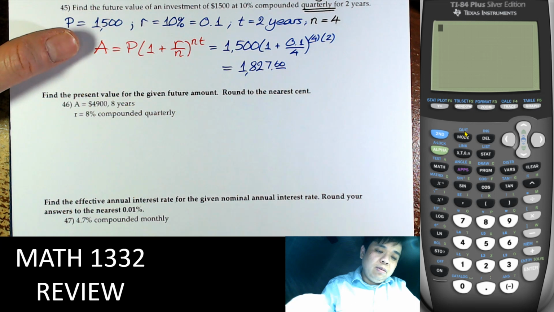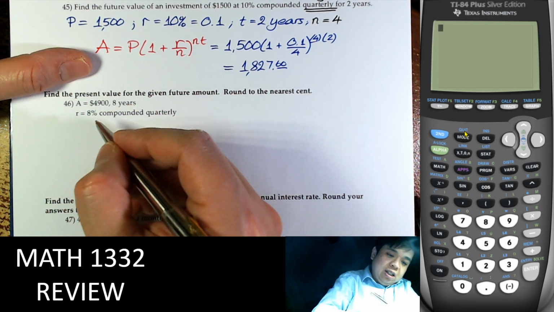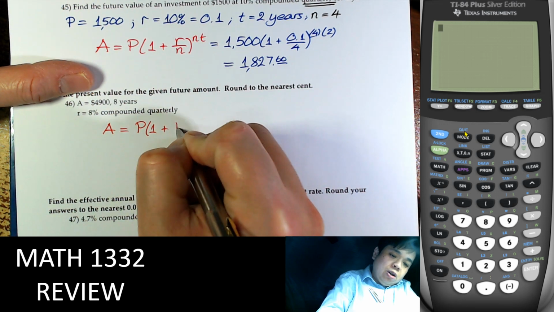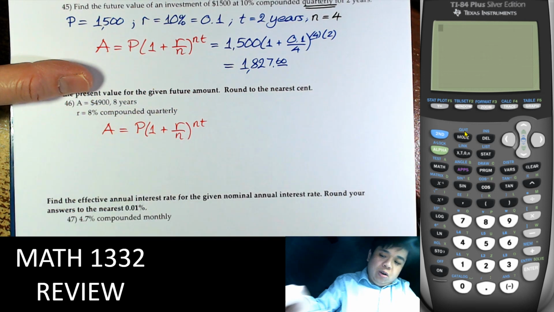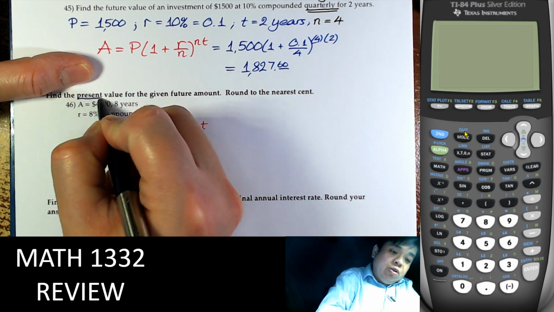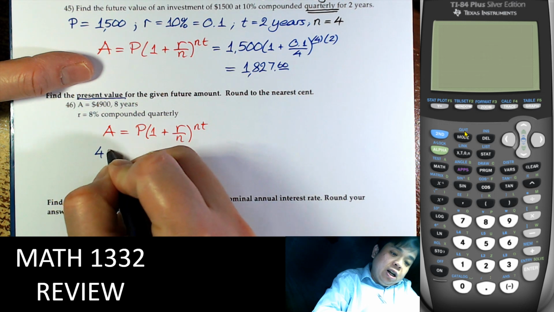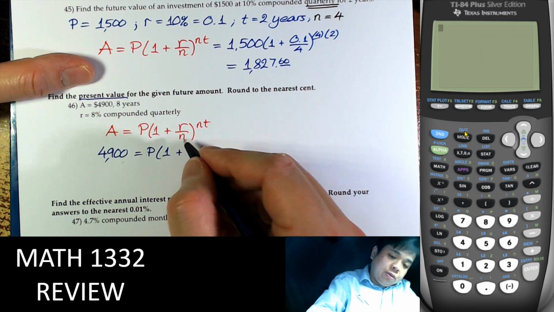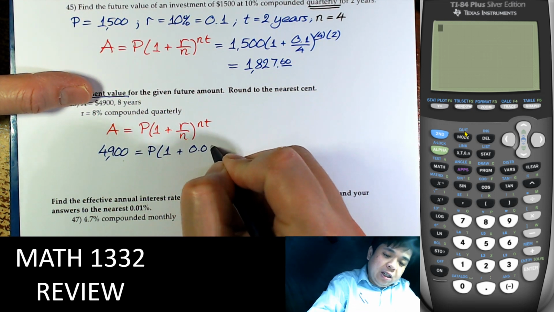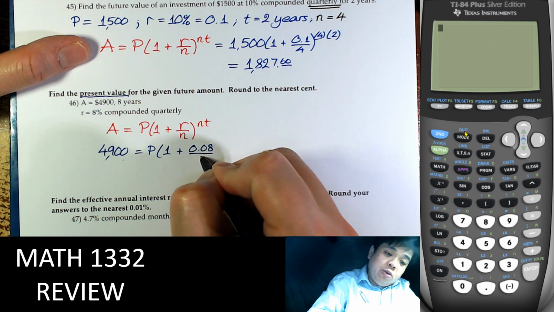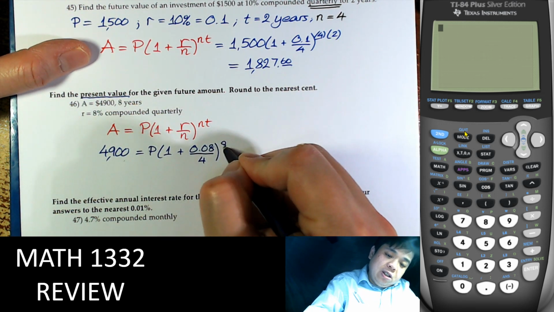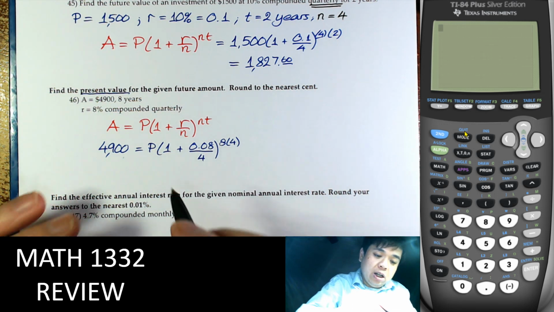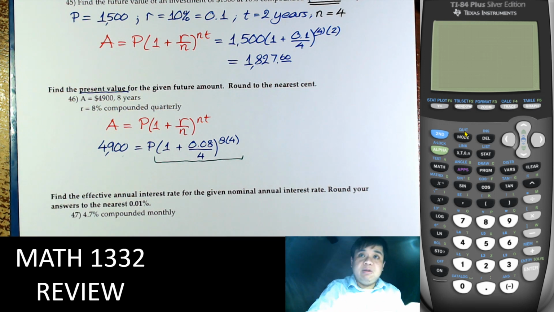So let's just write 8,000 equal to P times 1 plus r over n to the nt. And this one asks for the present value, not the future value. So we put everything we know again in the formula. The rate 8%, quarterly again, so 4 times a year, and in 8 years. So in this case we are asked to find P. So what I do is we put all of this in the calculator first.